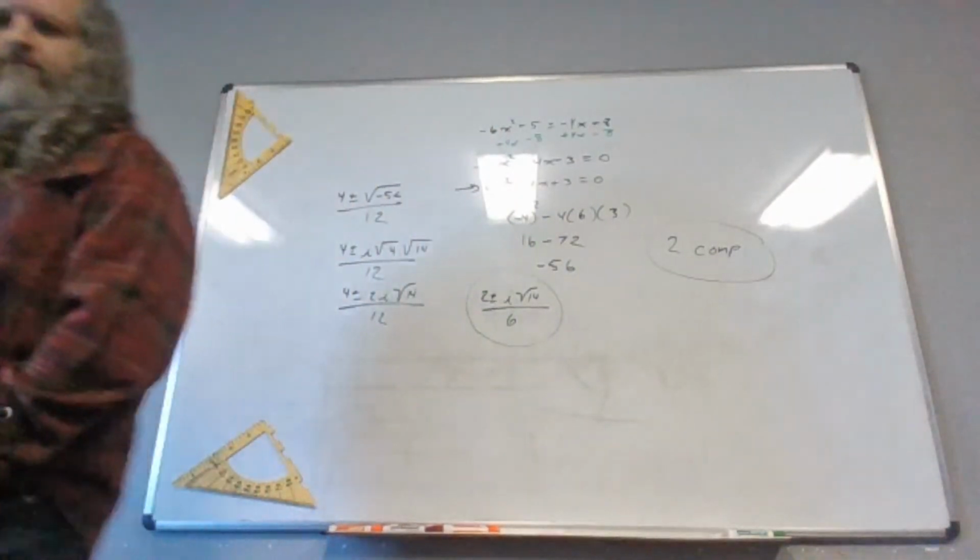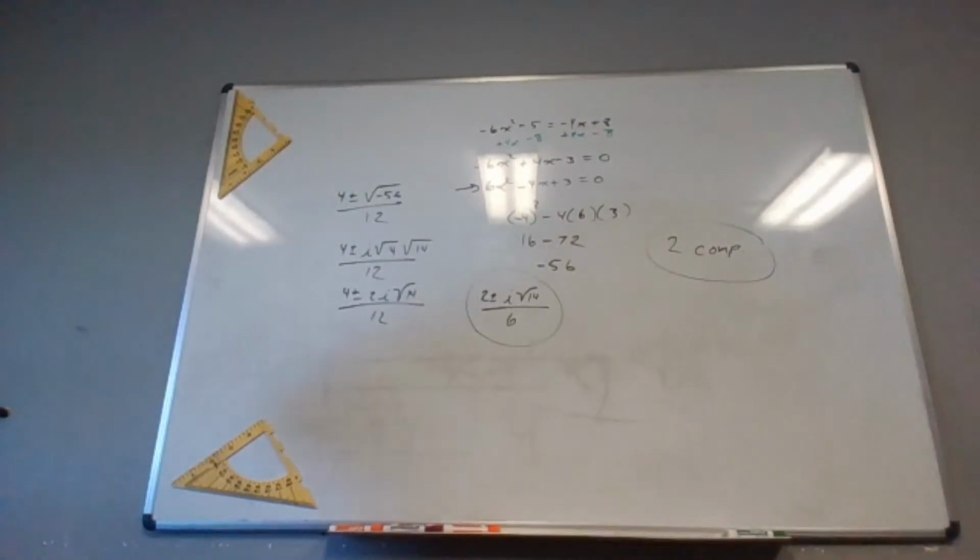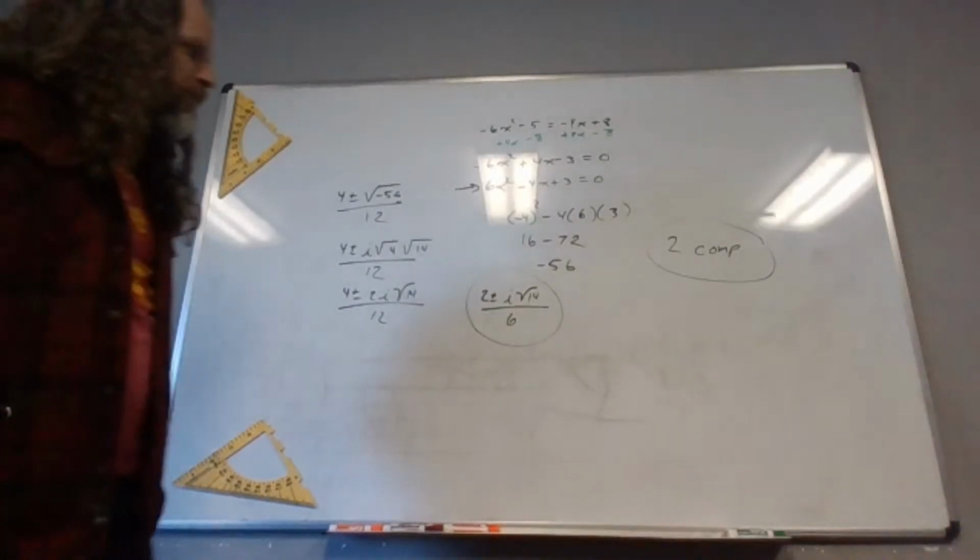Yay. This is the one and only time we're doing quadratic formula like this where I will accept it. Honestly it's still better to do it the other way, but I will accept this in not perfect quadratic form.